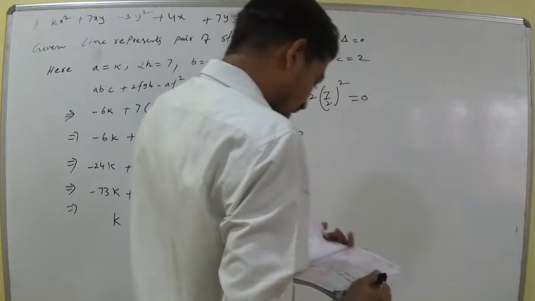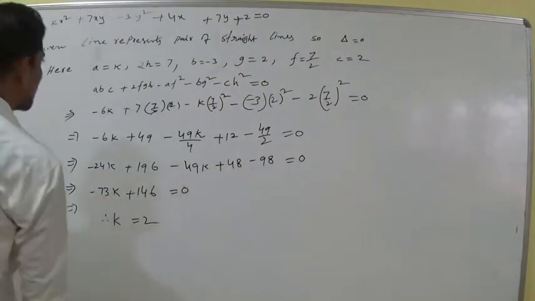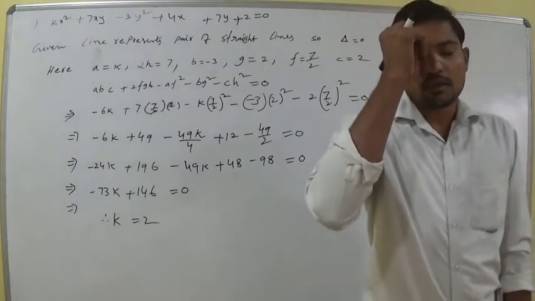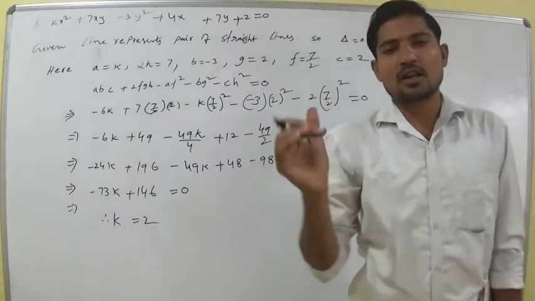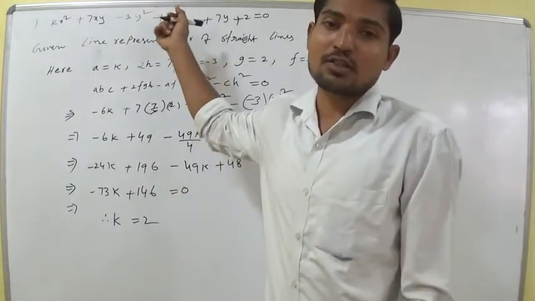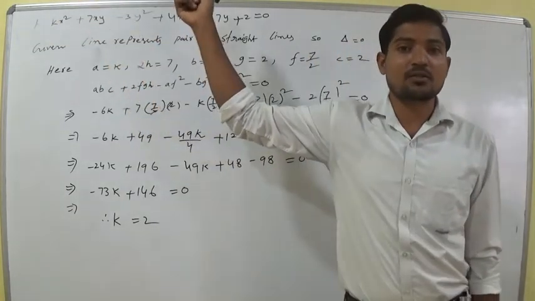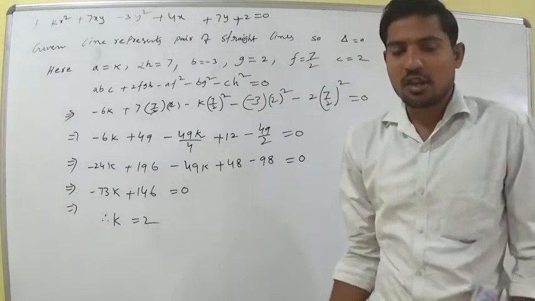Therefore, the value of k is equal to 2. Clear? Here, given equation represents a pair of straight lines, that's why I took the condition delta is equal to 0. Delta is nothing but abc plus 2fgh minus af square minus bg square minus ch square is equal to 0. Finally, I got the value of k.